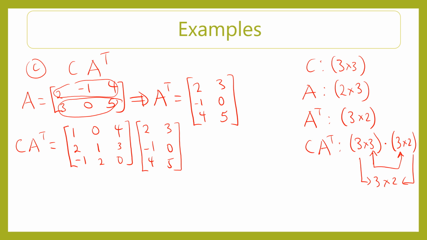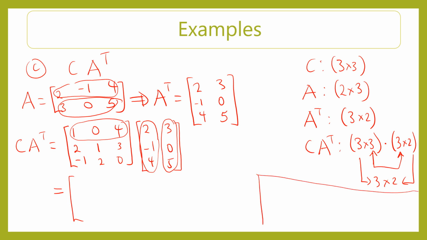Now, carefully again, I'm going to take the first row, multiply the first column here, and also the second column. So again, 1 times 2 is 2. I'm just going to do it by the side here. It's a rough estimate somewhere here.